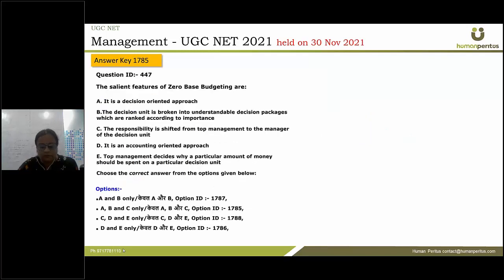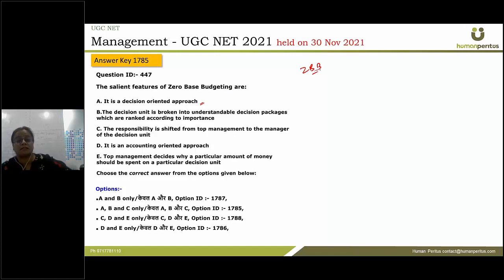Next. Now in this question, the salient features of zero-based budgeting have been asked, right? So five options have been given to you. It's a decision-oriented approach. The decision unit is broken into understandable decision packages which are ranked according to importance. So what actually is zero-based budgeting? Zero-based budgeting is when we do not use previous year figures in order to determine the budget of the next year.